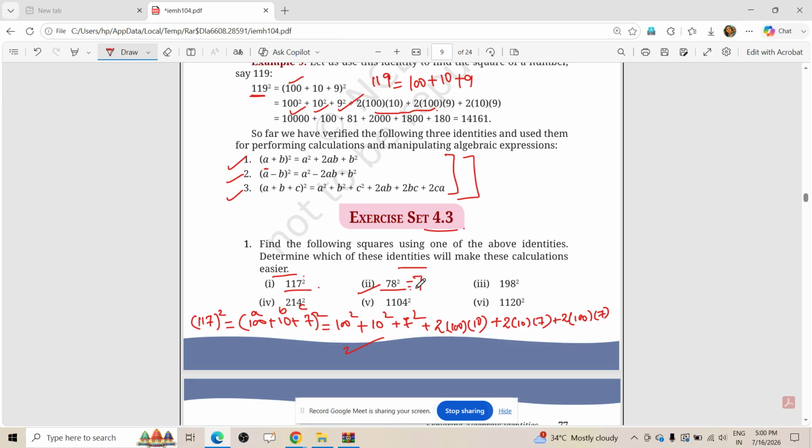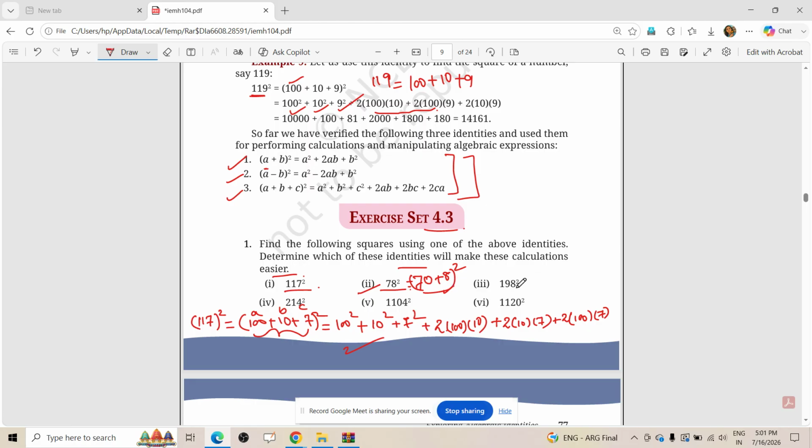Yes, 70 plus 8, right? (70 plus 8) whole squared. So we don't always need to apply the three-term formula. We just need to see which formula will make our calculation easier. Then we will apply only that formula. Here 70 plus 8 makes the calculation easier. We cannot break it more, right? Yes, just 8 is fine.